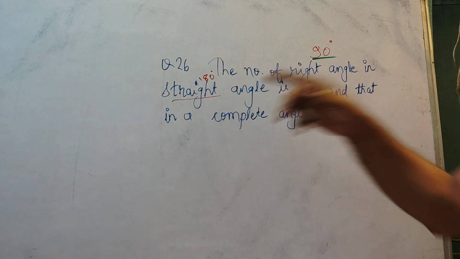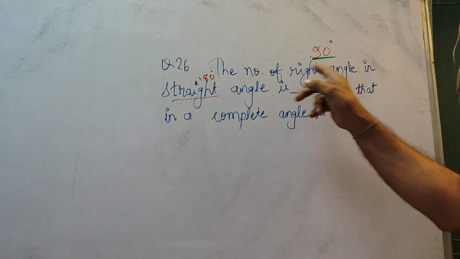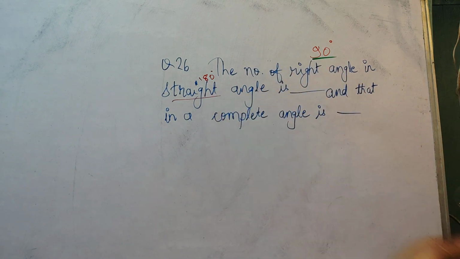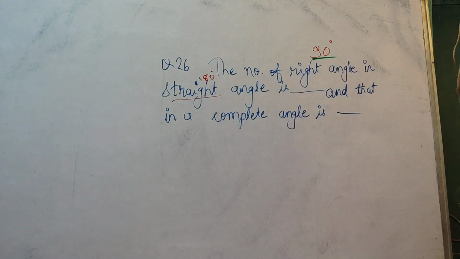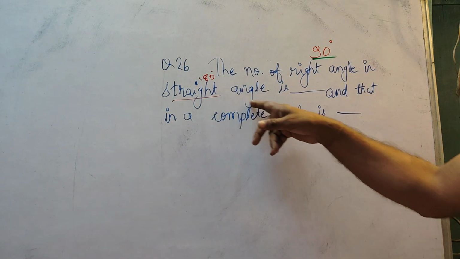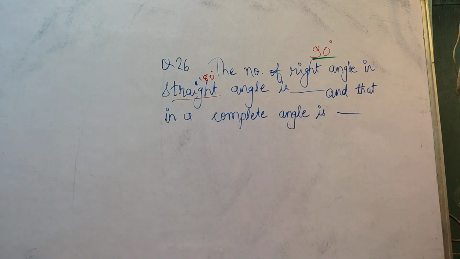One straight angle has how many right angles? In 180 degrees, how many 90-degree angles are there? 1.